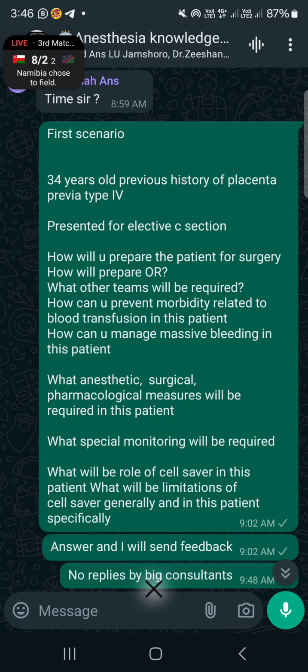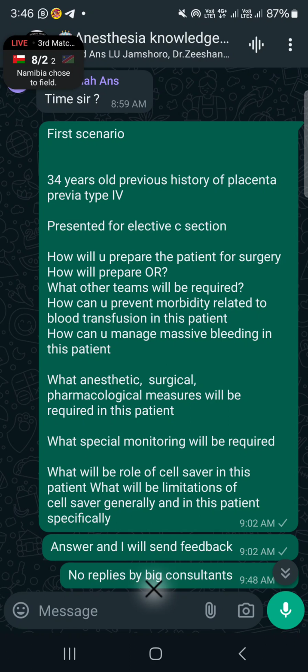Proper monitoring of the patient, avoiding any factor which reduces the uterine blood flow till the time baby is out, and of course you will be ruling out any other obstetric emergency.